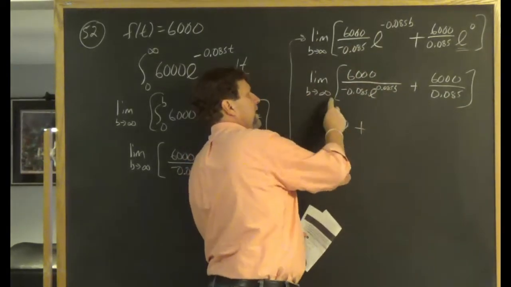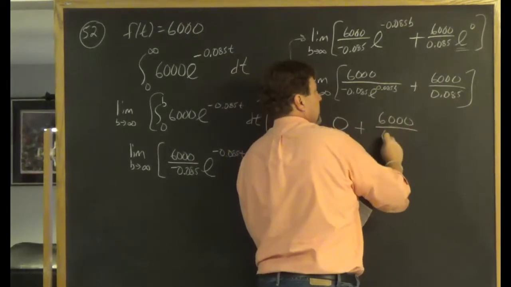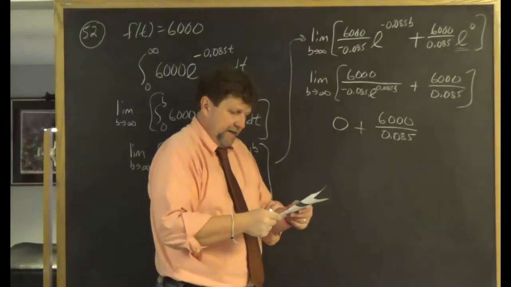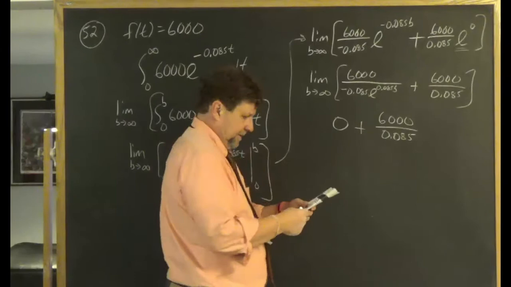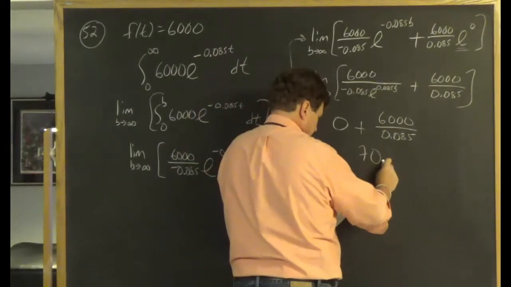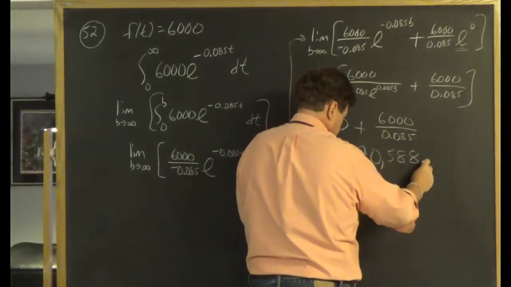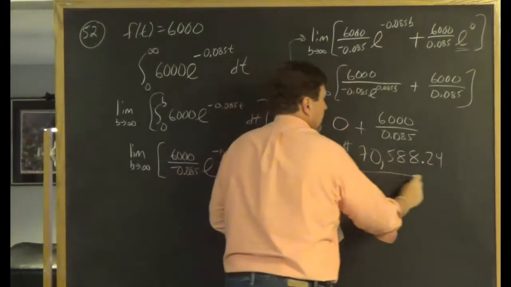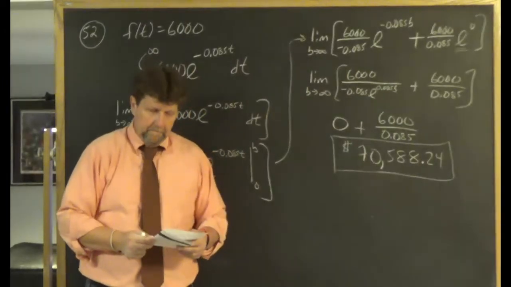The limit as b goes to infinity of a constant is that constant. And if you take 6,000 and divide it by 0.085, you get 70,588.24. That's the capital value of this rental property.